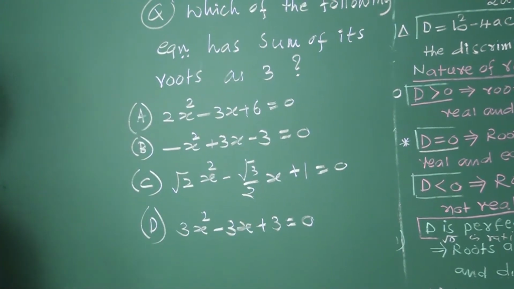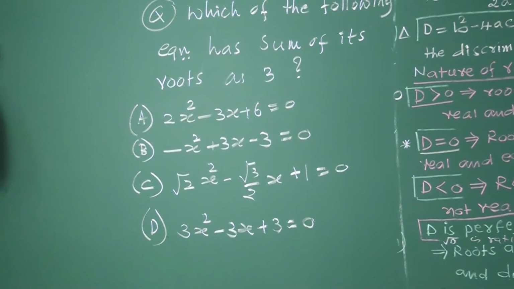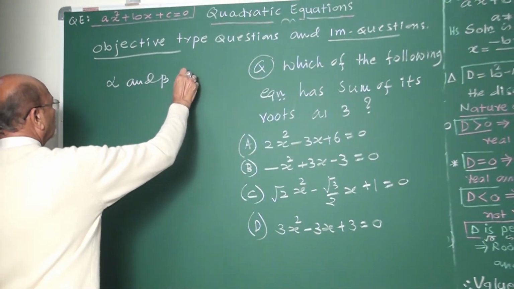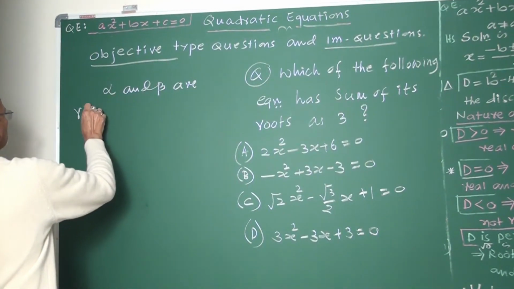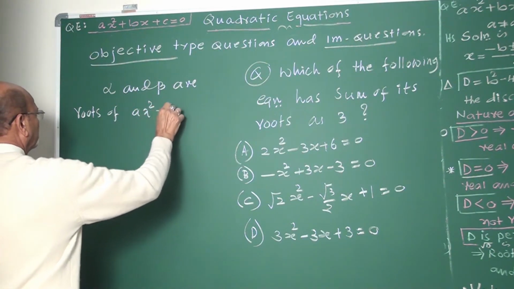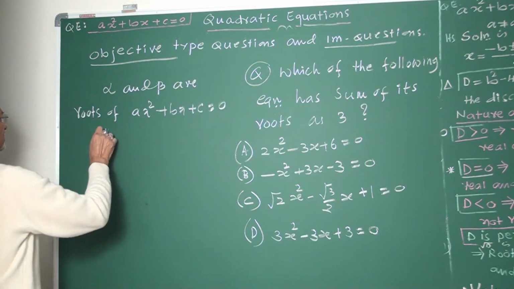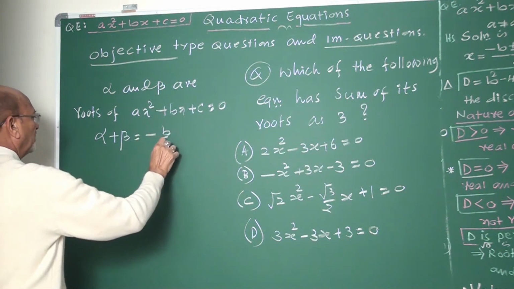Yes, my friends. If alpha and beta are the roots of a quadratic equation ax square plus bx plus c equal to 0, then the sum of the roots, alpha plus beta, is minus b by a.